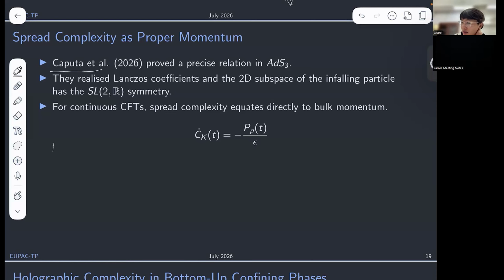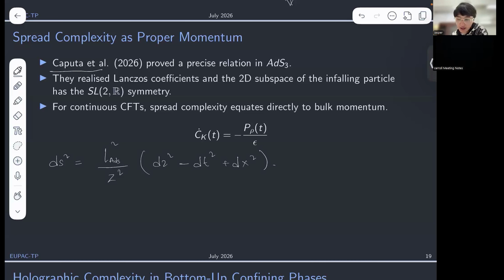They have this Poincaré-like metric, which looks like L squared over z squared. They prove this in these Poincaré-like coordinates. How they prove it is very interesting.